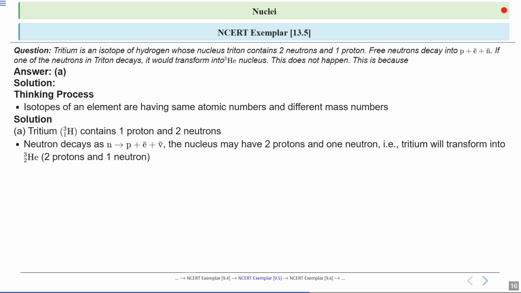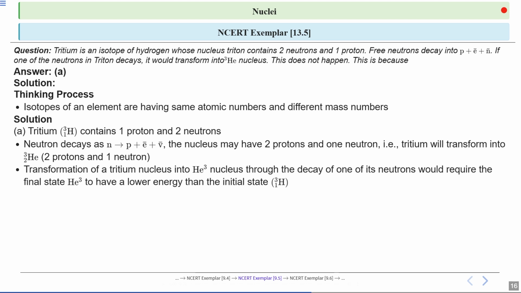But this doesn't happen due to nuclear stability. The decay is prevented by the strong nuclear force holding the nucleus together. So transformation of a tritium nucleus into a helium-3 nucleus through the decay of one of its neutrons would require the final state helium-3 to have a lower energy than the initial state tritium atom.